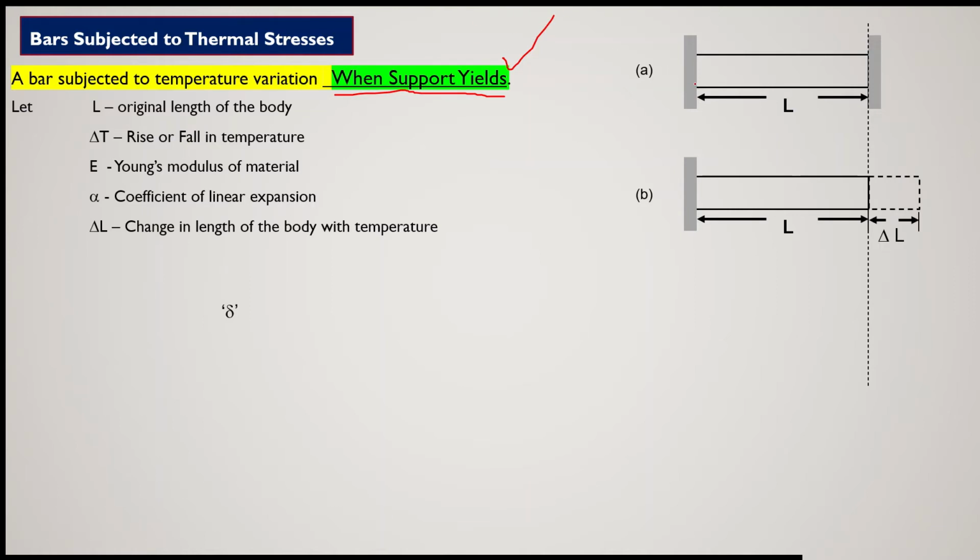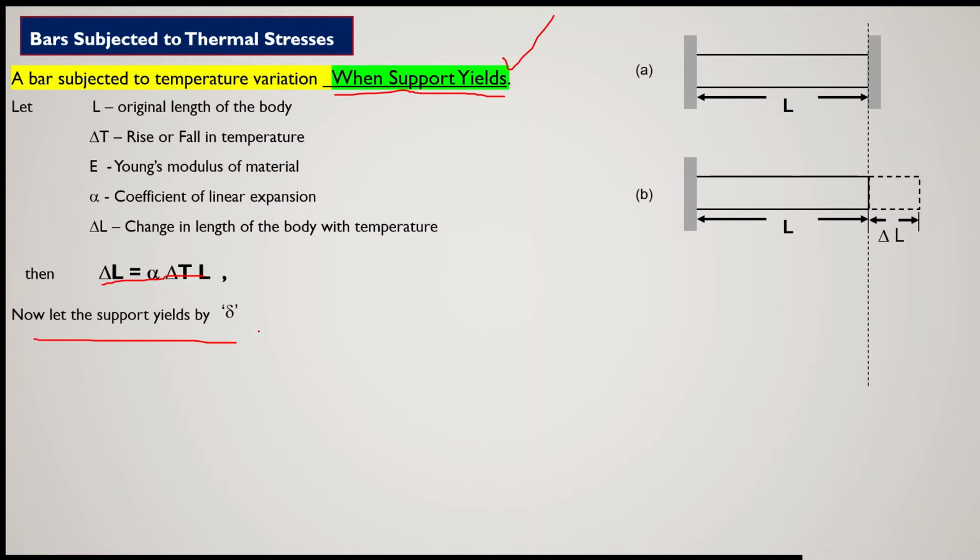L is the original length, delta T is the rise in temperature. Accordingly, the final length of the member will be L plus delta L. So delta L will be given by this formula, that is, delta L is equal to alpha delta T into L. Now let the support yield by some delta.